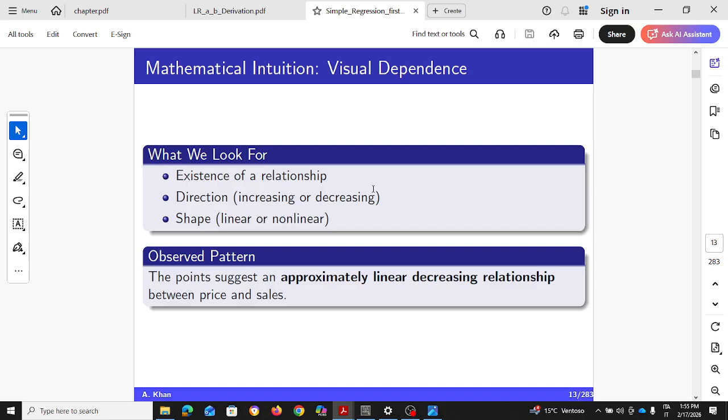You are studying harder, giving more time to study, so you will have a positive relation. But if in place of this we put social media time, and you are giving more time to social media, what happens? This is increasing, but this is decreasing. So then we have a negative relation.